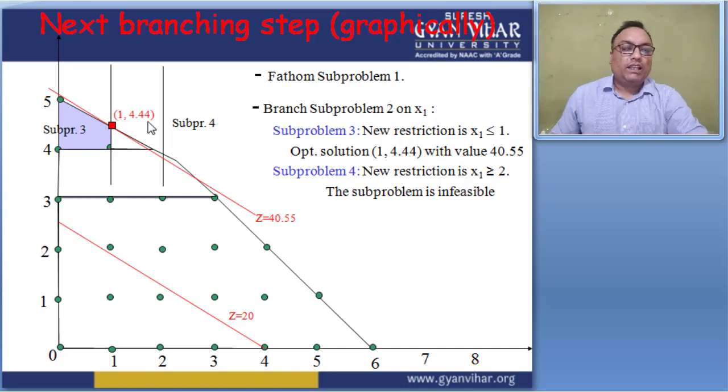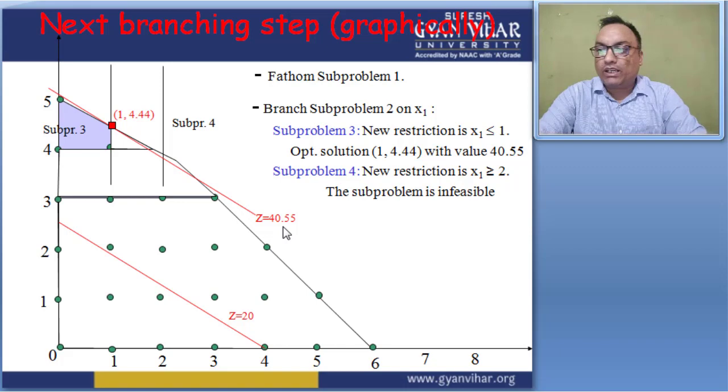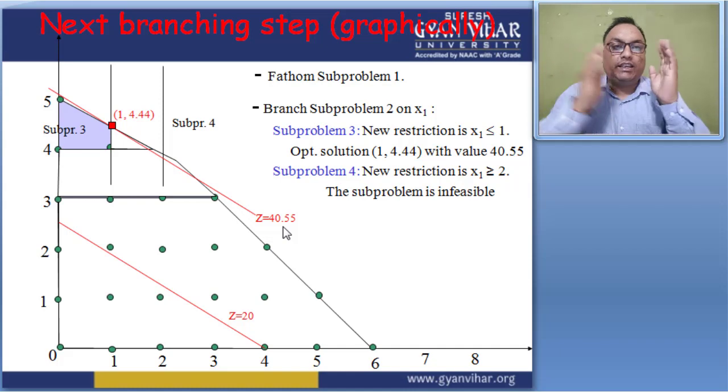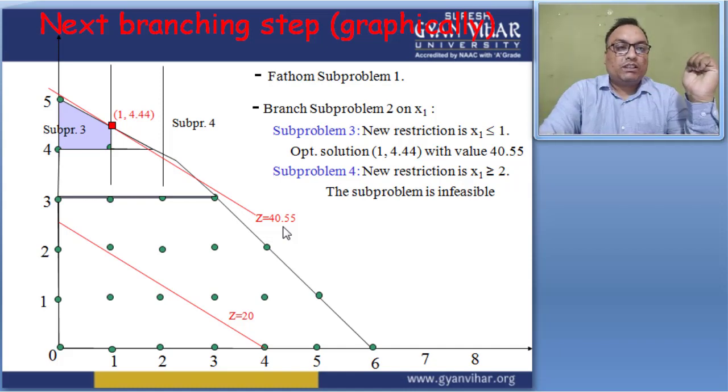It gives the maximum function value z equal to 40.55. So for this case, it reduces the value, right? It verifies this statement for the linear programming problem.